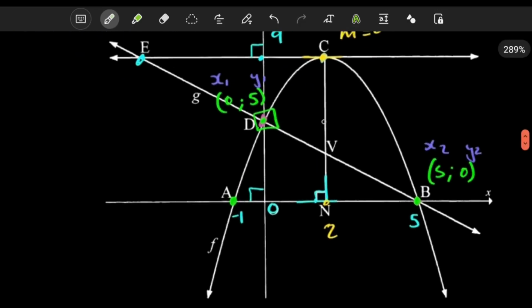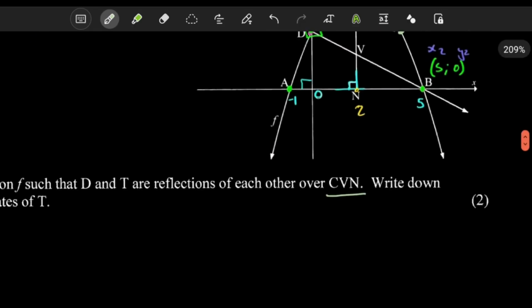So CVN is this line. If this is d, it means that t has to be on the other side. The x value we don't know, but the y value is obviously a 5, because it's the same distance upwards and downwards. If this is 5, a reflection on the other side is automatically going to be a 5.